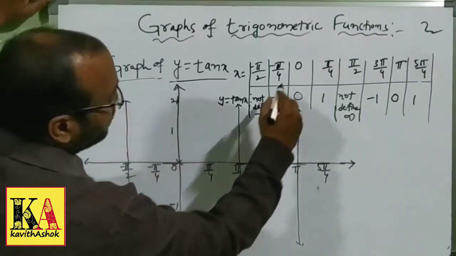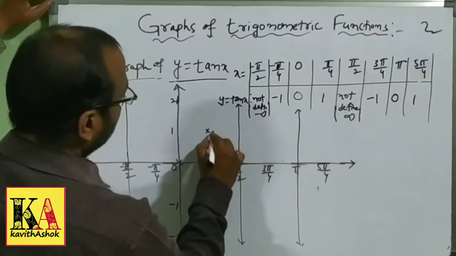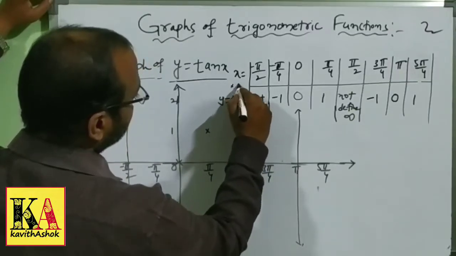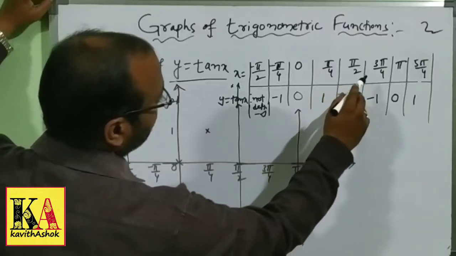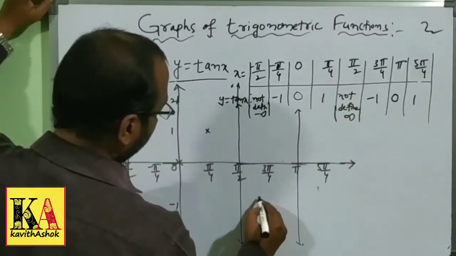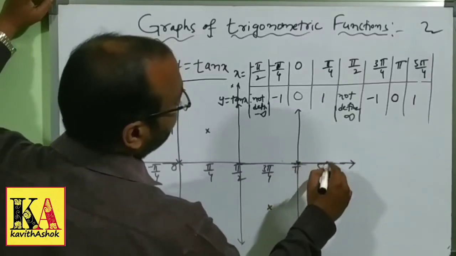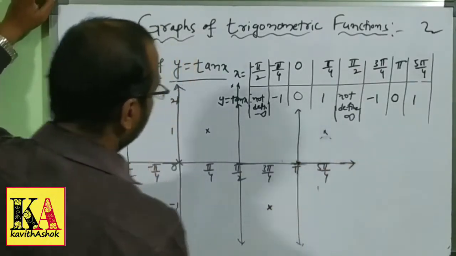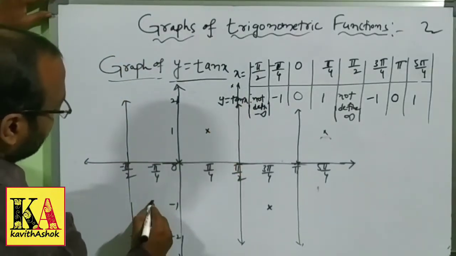Right. Tan 0 is 0. Tan pi by 4 is 1. Next tan 90 is infinity. Infinity in the sense here, this is a value. Next tan 3 pi by 4 is minus 1. Next tan pi is 0. Tan pi by 4 is 1, like that. Right. Now minus pi by 4 is minus 1.